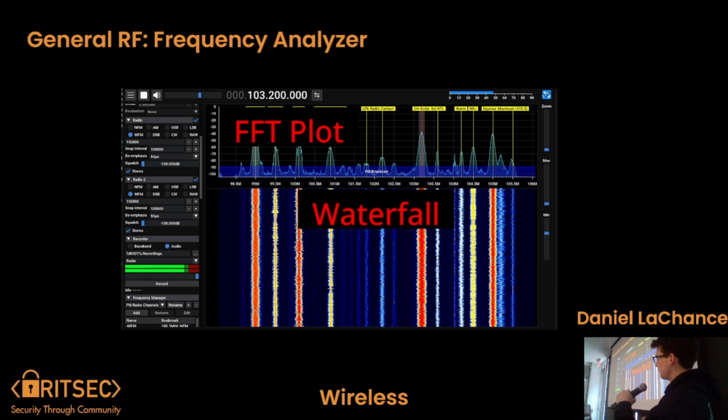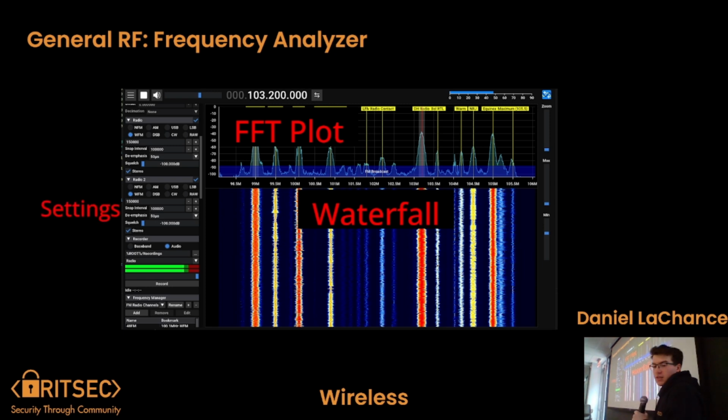Whenever SDR++ is running, you'll see the fast Fourier transform plot updating about 5 times a second, and then there's a waterfall going all the way down. So 5 seconds ago would probably be somewhere around here. If there was a signal 5 seconds ago and you're trying to see if it's going to transmit again, you can tune to that frequency and then pay attention to the FFT plot again.